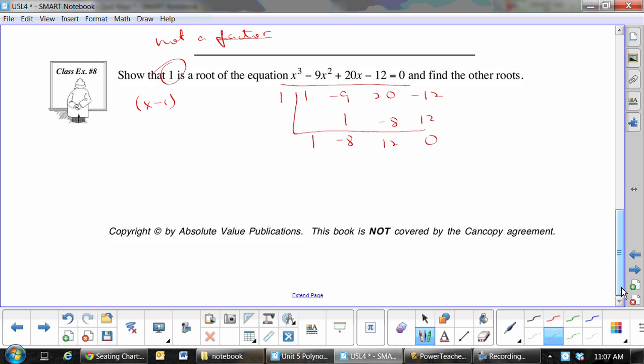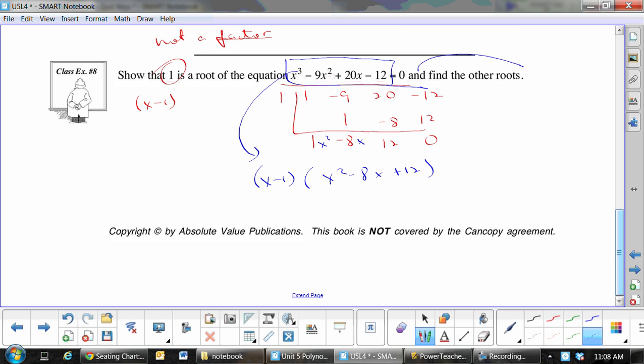Remember, this is the constant, this is x, and this is x squared. So I have x minus 1 times x squared minus 8x plus 12. That's equivalent to this right here.